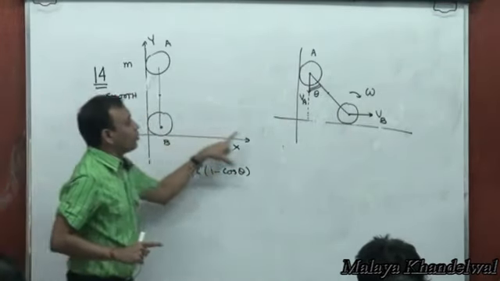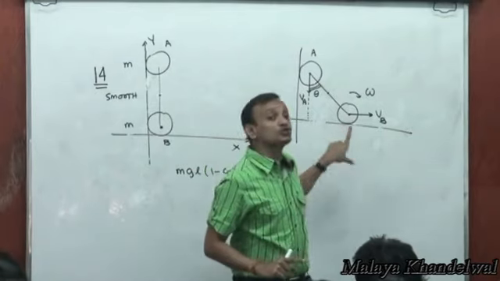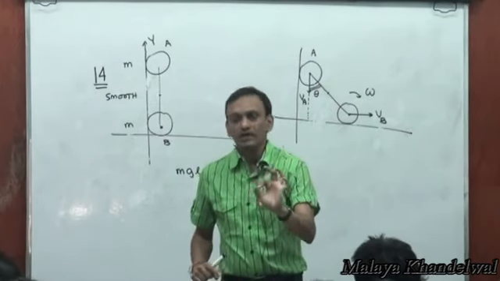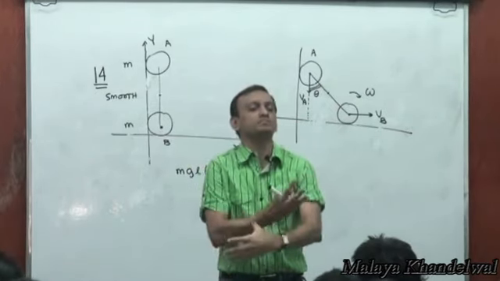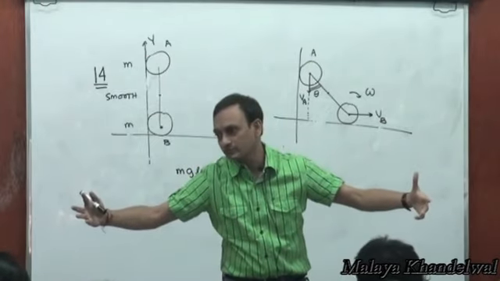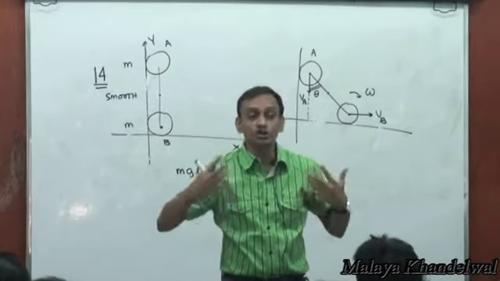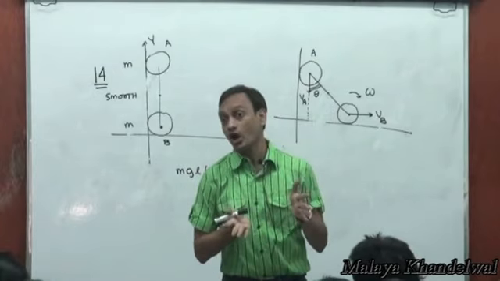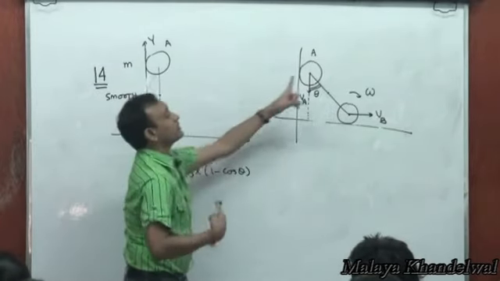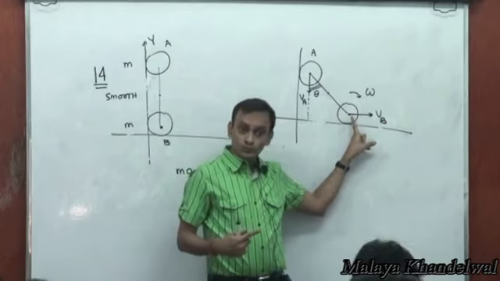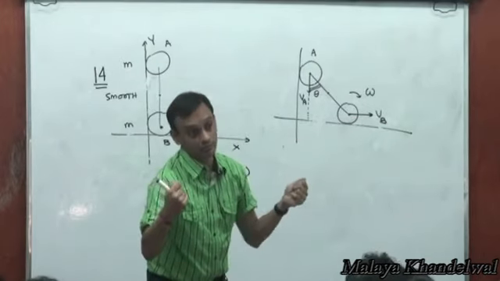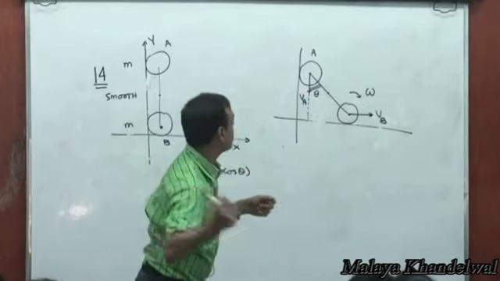Now the lower one rolls, there is friction, but this frictional force does no work. Because it does no work, it does not participate in the energy equation, right? So that means there is energy conservation. All the potential energy that is lost goes towards gain of kinetic energies of these two. Friction is not doing any work here because it's rolling.